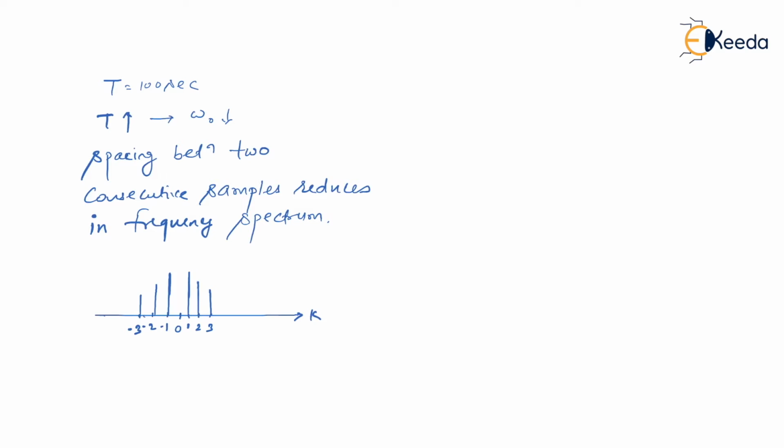As you see, as soon as T increases, the time period increases, omega naught decreases, and the spacing between two consecutive samples goes on reducing. Now you can imagine what is going to happen if I assume that the value of T is infinity. T means the fundamental time period I'm talking about.